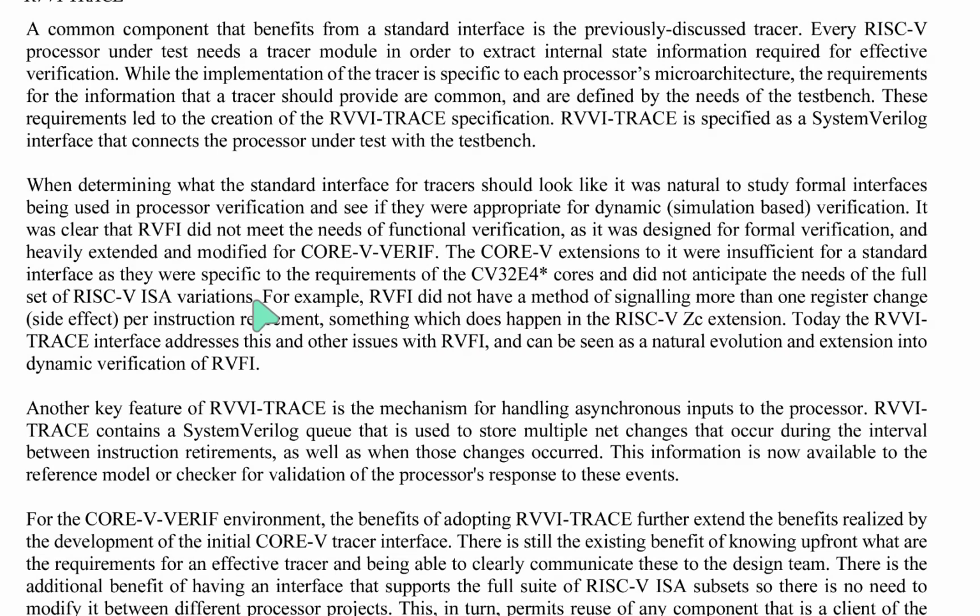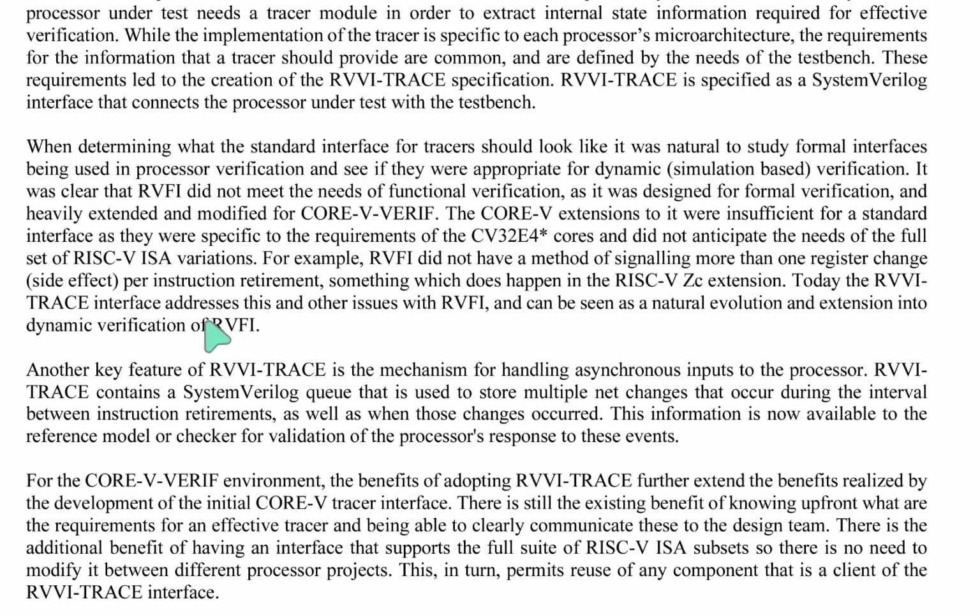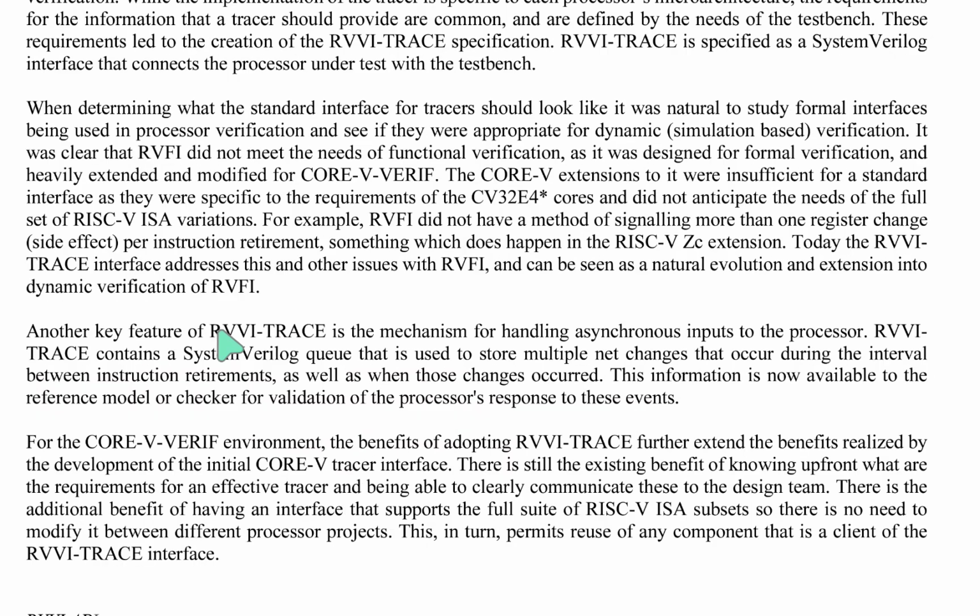For example, RVFI did not have a method for signaling more than one register change side effect per instruction, something which does happen in RISC-V ISA extensions. Today, the RVVI-TRACE interface addresses this and the other issues with RVFI and can be seen as a natural evolution and extension of RVFI into dynamic verification.